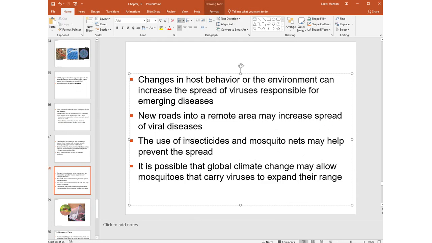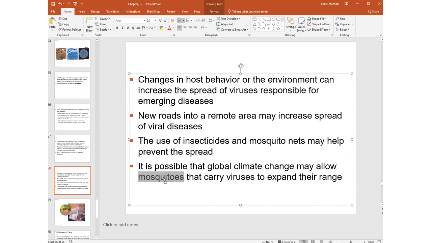The use of insecticides and mosquito nets might help prevent the spread of viruses, especially viruses carried by mosquitoes, and also malaria, which is a protist carried by mosquitoes. So it's possible that maybe global climate change might allow mosquitoes that carry different viruses to expand their range.